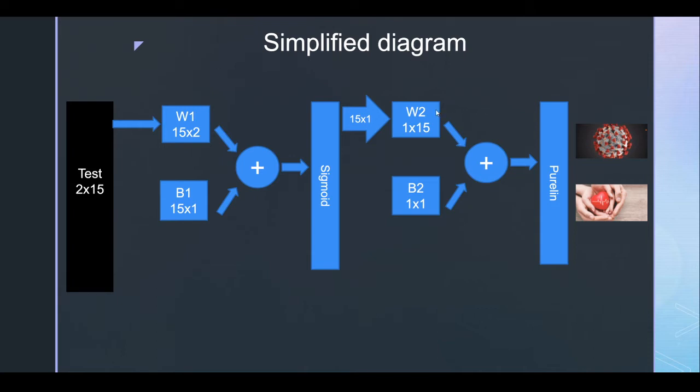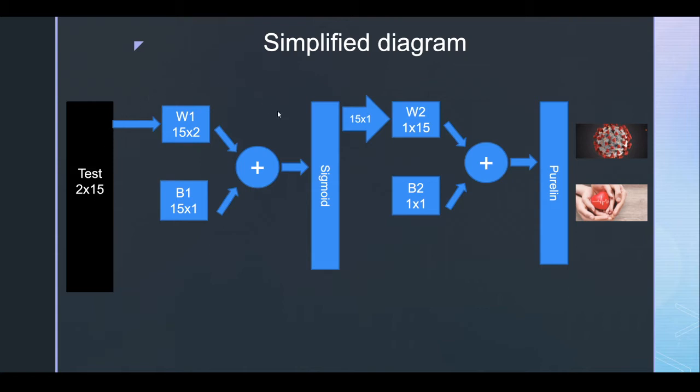Here you can see the simplified diagram. The input would be the symptoms that the user picked. There would be 15 in total, which we will see in the next slide.